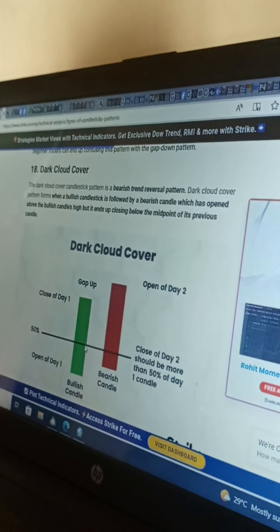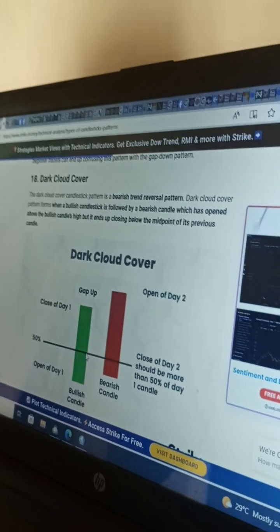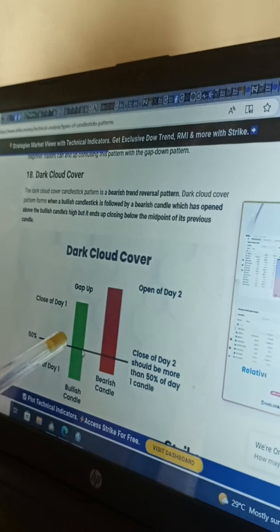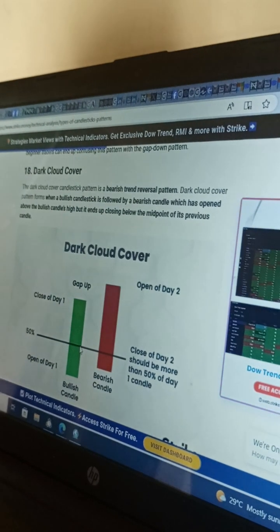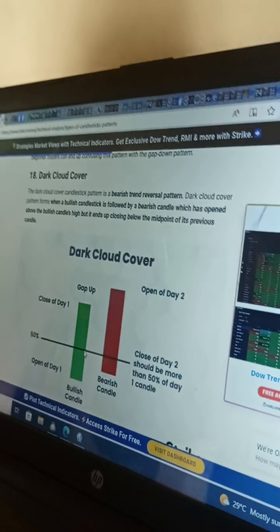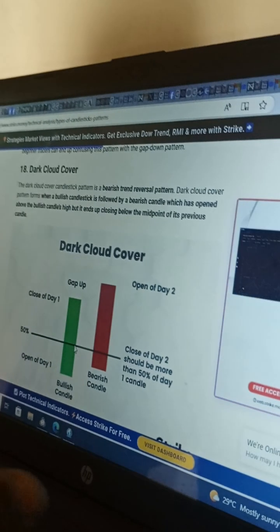You know, the piercing line appeared below the bearish candle and closed above its middle part. But now this one, we are in a bullish trend. But the bearish candle opened above but closed below the middle point of the bullish candle. So once you see this setup, you know that you are dealing with what? A dark cloud. And that means it's about to go down. Bearish. That's it.